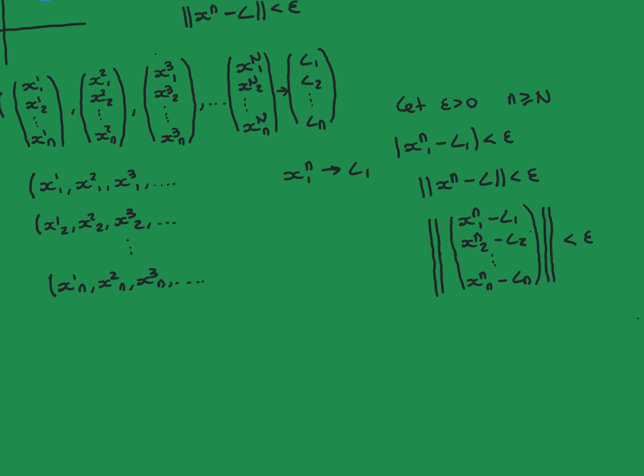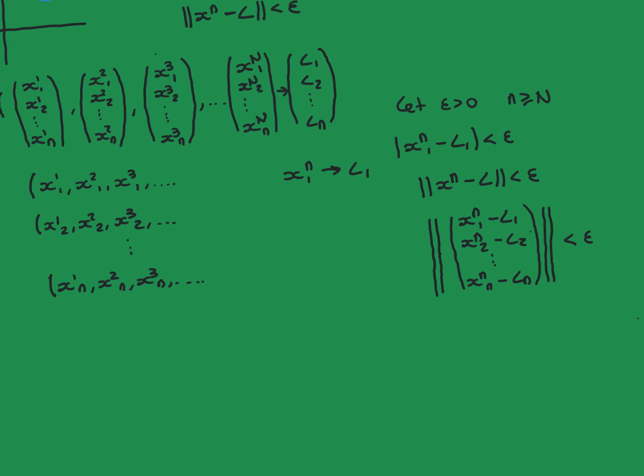So now it's time just to remember the definition of the Euclidean norm and use it. Firstly, let's write out these two vectors in full. This vector is xn1, xn2, all the way down to xnn, and this is where the notation's getting a little bit confusing because the two n's appear here meaning totally different things.